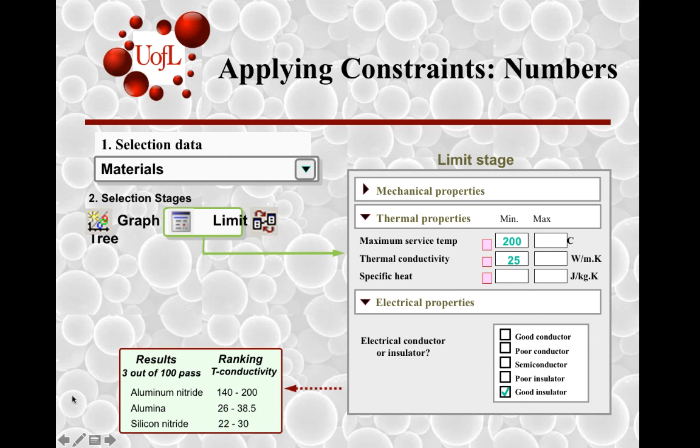So what you're left with are some highly conducting ceramics, aluminum nitride, alumina, silicon nitride as materials that work best for heat sinks for these kinds of demanding design constraints.